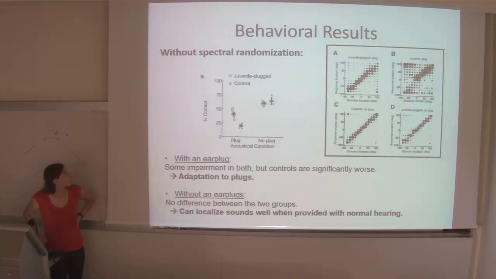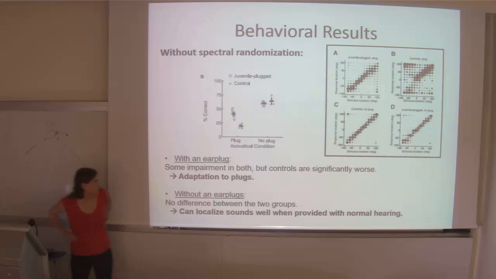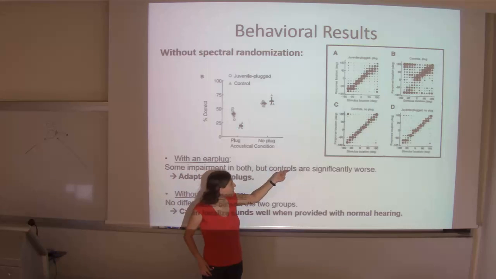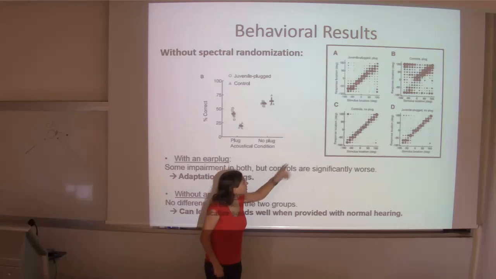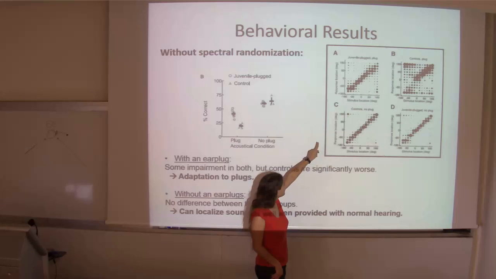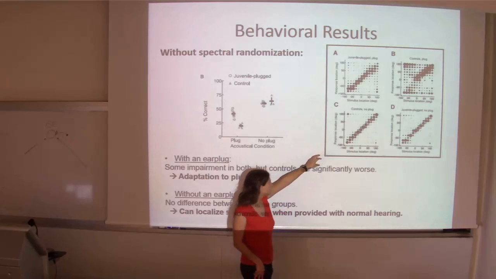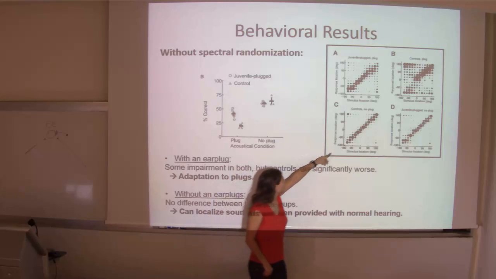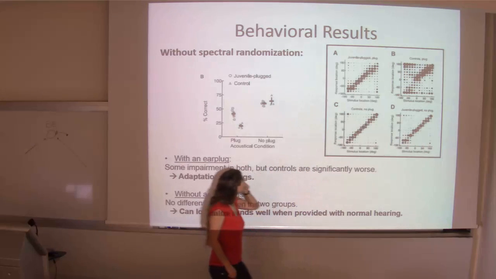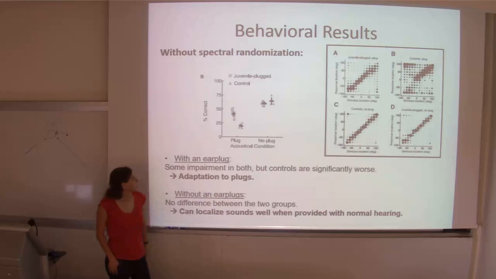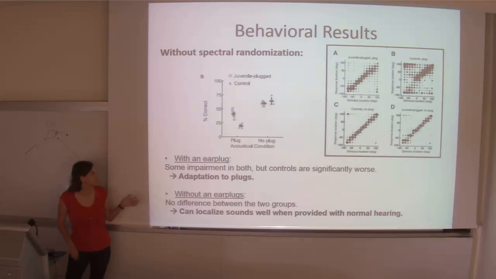So the result: without the spectral randomization, we can see the stimulus location on the x-axis, the response location on the y-axis, and the size of the circle is how many of the trials were in this place. We can see that with the plugs, the controls did horribly. They couldn't localize sound at all.